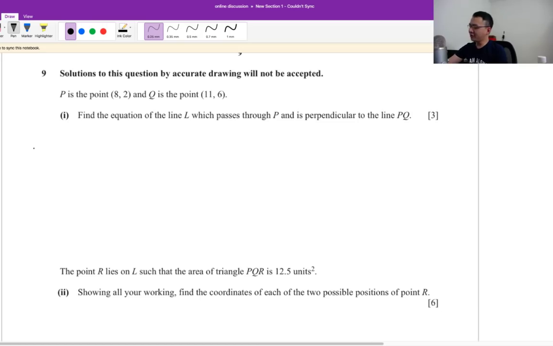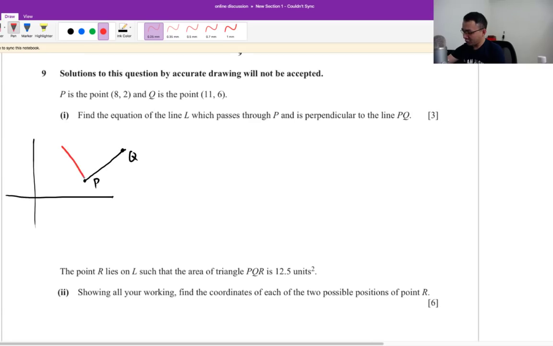So I randomly give you some idea by sketching it out. 8, 2 will be somewhere here, and 11, 6 maybe somewhere here. This will be your PQ, this will be your P, this will be your Q. Right now you have a line L passing through P and perpendicular to PQ.